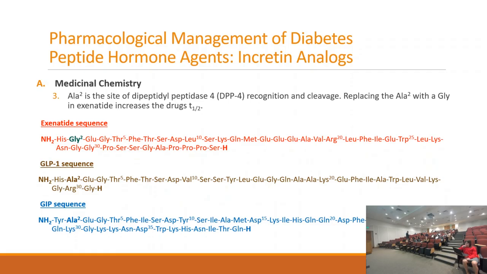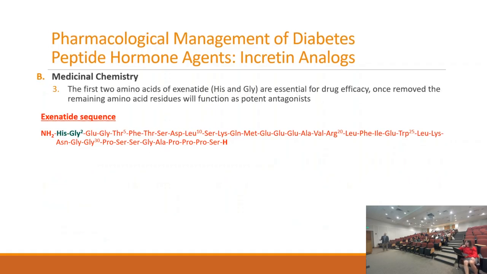We've eliminated that amino acid and replaced it with another one that the DPP-4 enzyme doesn't recognize, and now the drug molecule is resistant to breakdown by DPP-4. So that's a common strategy used with these kinds of drugs.